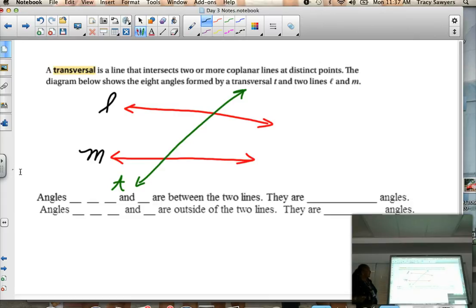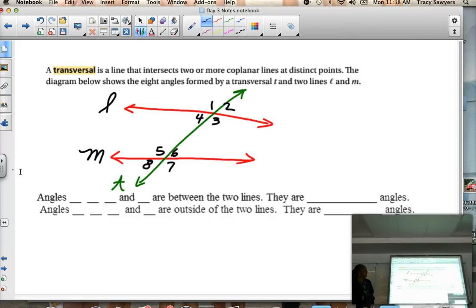Well, if we put the angles on here, we number them 1, 2, 3, 4, 5, 6, 7, 8. We can fill in these phrases or sentences and talk about the angles. Which angles are between the two lines?